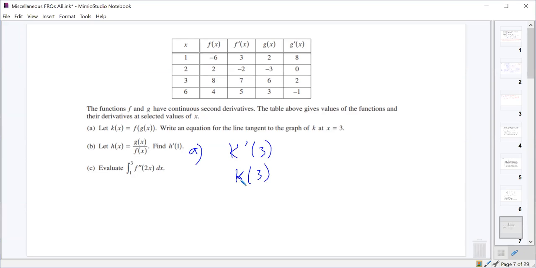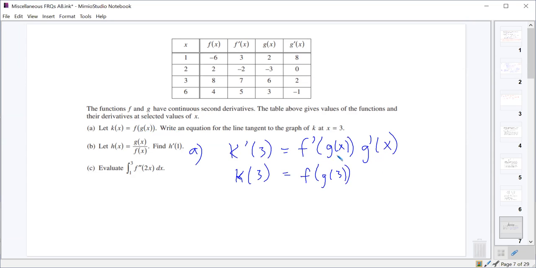So first off, k prime of 3 is just the derivative of this. Since this is a composition of two functions, you have to use the chain rule. So that should be f prime of g of x times g prime of x. That's just the chain rule. And k of 3 will just be f of g of 3.